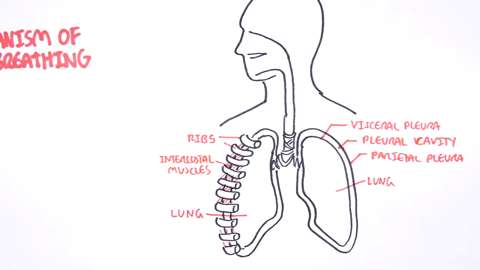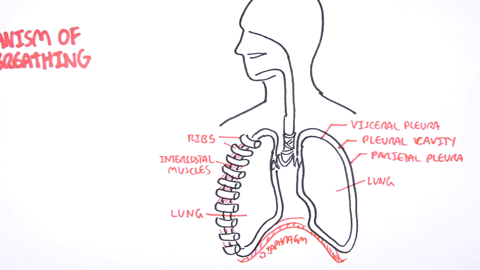These intercostal muscles are used for respiration. We also have another important muscle used in respiration, the one you probably all know about, called the diaphragm. So the two important muscles for respiration are the diaphragm and the intercostal muscles. Now that we know the muscles, let's learn about the pressures.